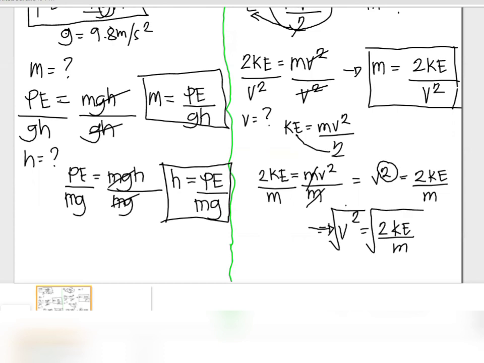So, in this case, this will be cancelled. Tapos, i-rewrite na natin siya. V equals the square root of 2KE divided by m. And this is now our third formula. Okay? Medyo nakakalito, but practice makes perfect.